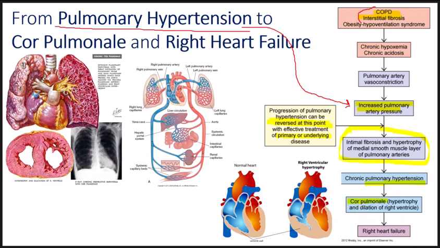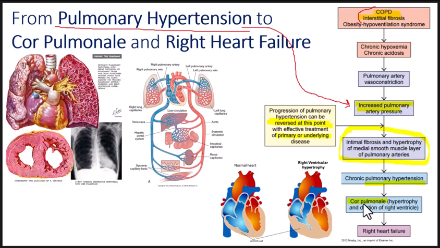It can lead to what's called cor pulmonale. And I told you earlier that cor pulmonale and right heart failure are sometimes used interchangeably. But the term cor refers to heart. Pulmonale refers to the lungs.